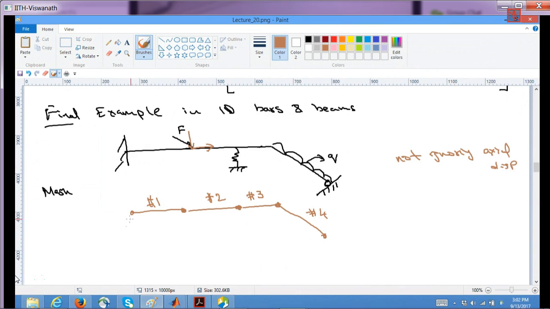So let me write the nodes first. The nodes are node 1, node 2, node 3, node 4, and node 5.